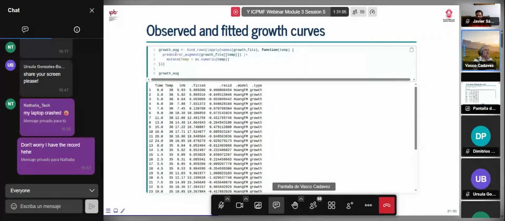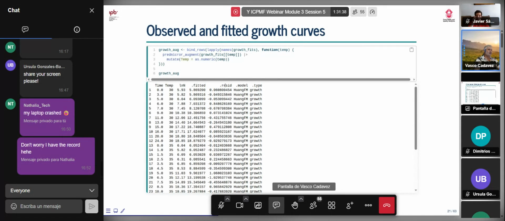In the PredmicroR, we have also one function named PredmicroAugment. It's a function to augment your data set with the fitted values, the residuals, the model that we are using, and the type of model. This can be useful if you mix different models and you get different results. Then you can plot and you can summarize the data according to model or according to the type of the data.